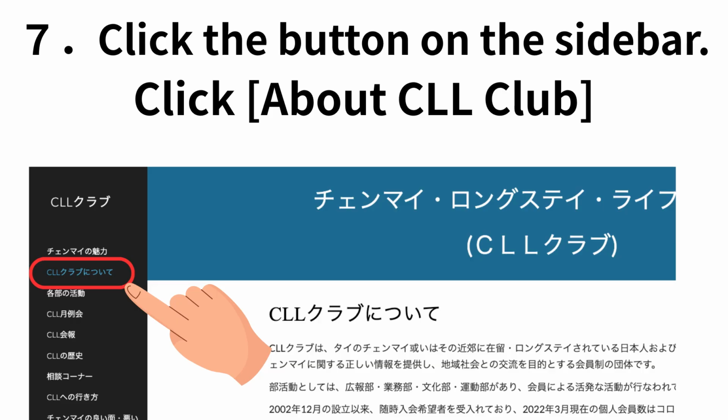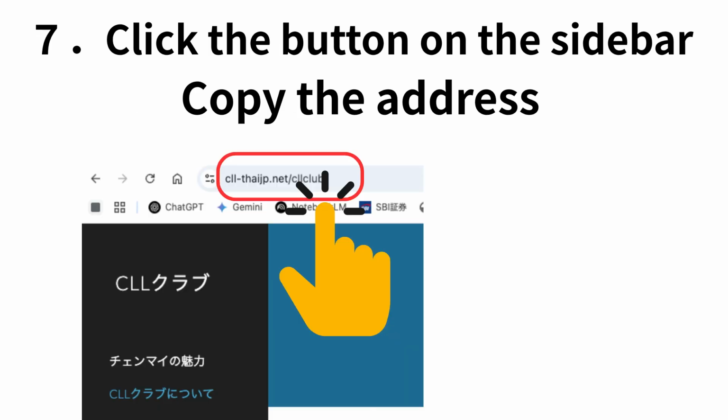Seven, on the Chiang Mai Long Stay Life Club website, CLL Club for short, click About CLL Club under Chiang Mai's Attractions in the sidebar. Copy the address.